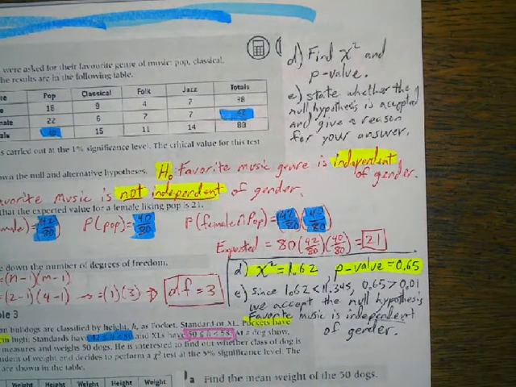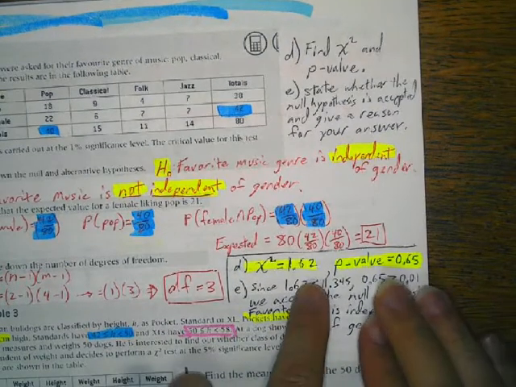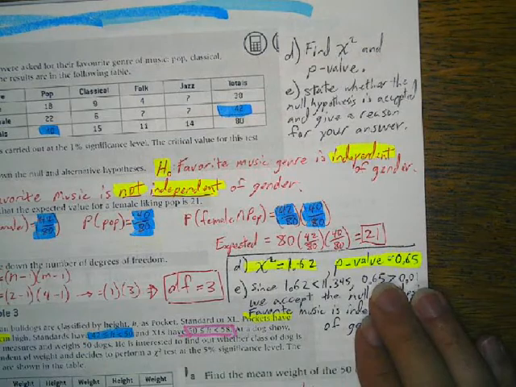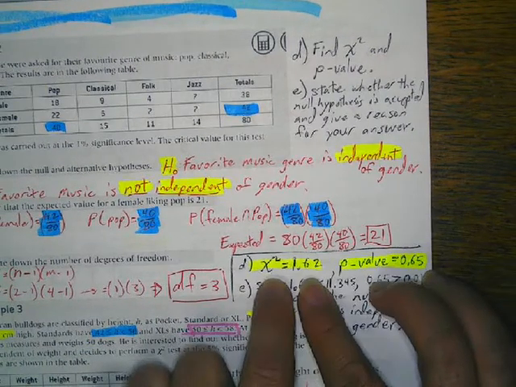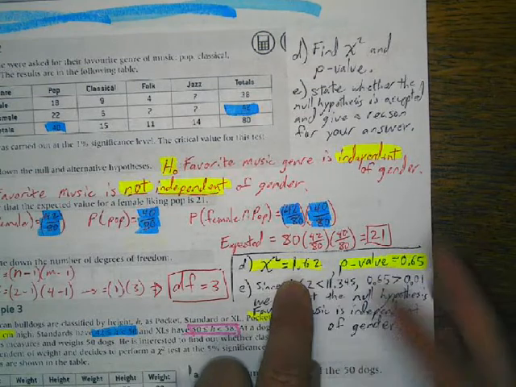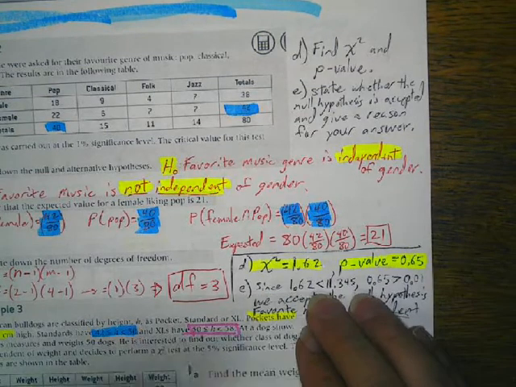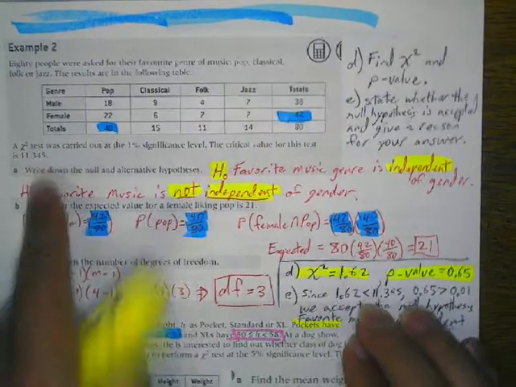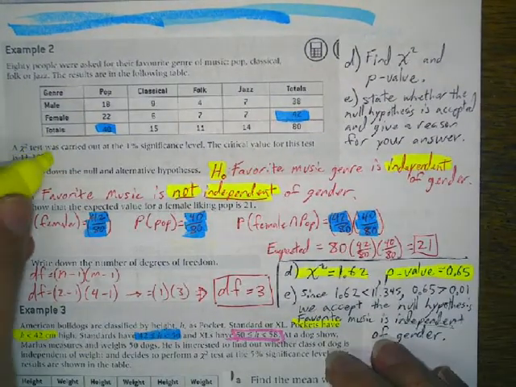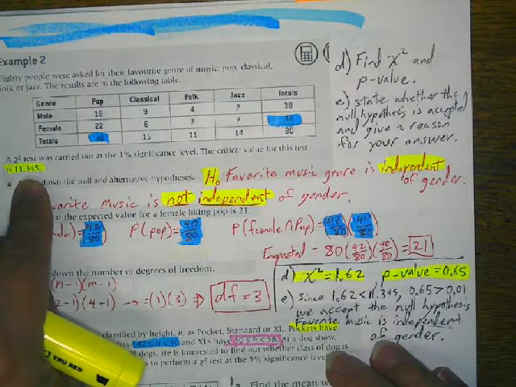Now I'm going to compare these values. Let's compare chi-squared 1.6 to the critical value. The critical value, you were told, is 11.345.